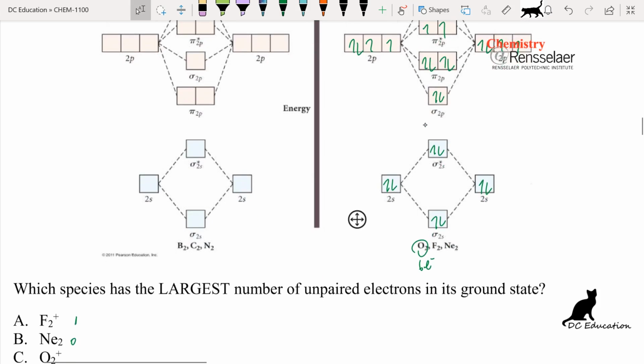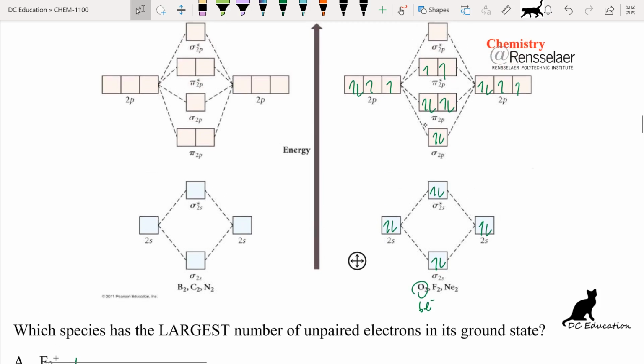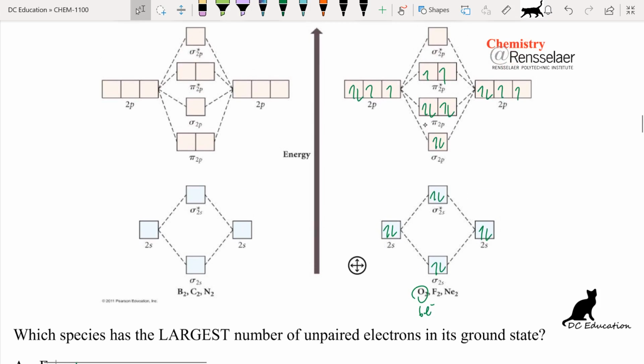Did I do it too much? I think so. No, I didn't. There's 4 on this side, 4 on this side. So there's a total number of, yeah, I did it correctly.